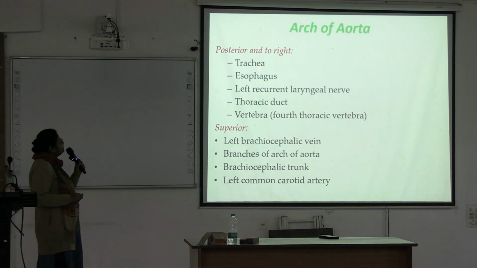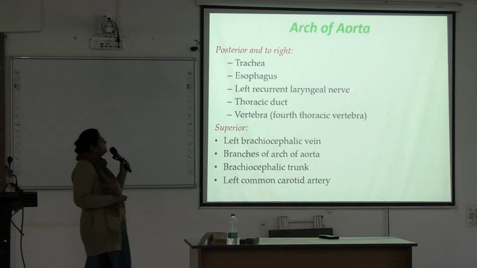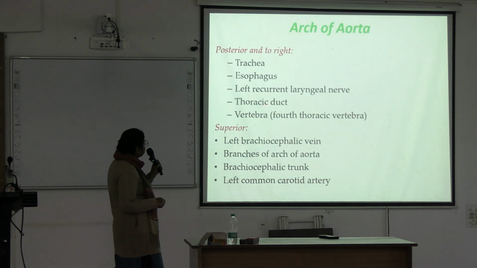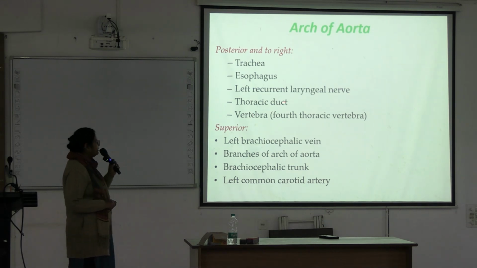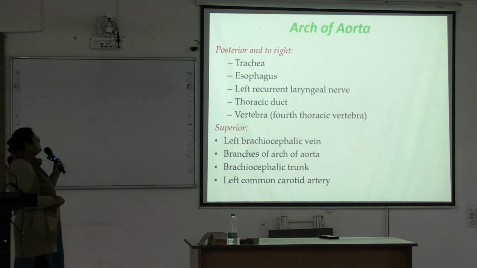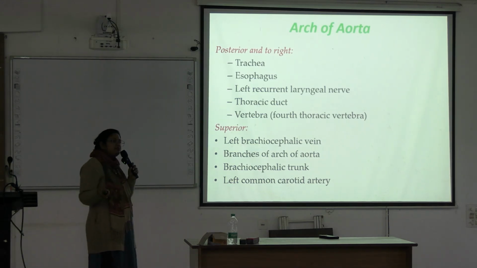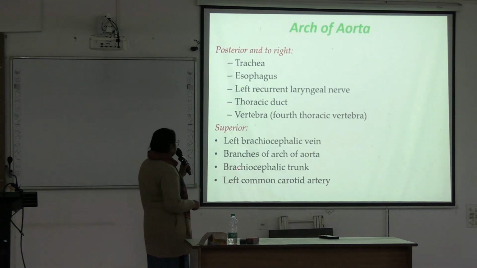Next, posterior and to the right lies the trachea, esophagus, left recurrent laryngeal nerve, thoracic duct, and vertebra, fourth thoracic vertebra. And superiorly lies the left brachiocephalic vein, and the three branches of the arch of aorta: brachiocephalic trunk, left common carotid, left subclavian.